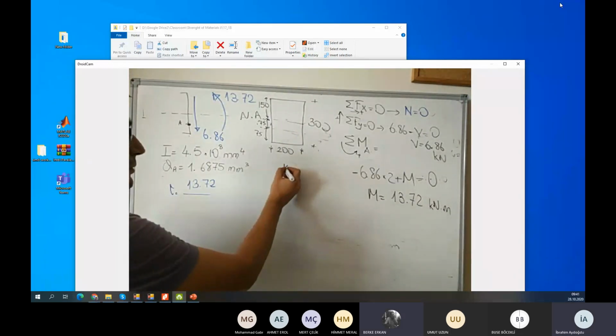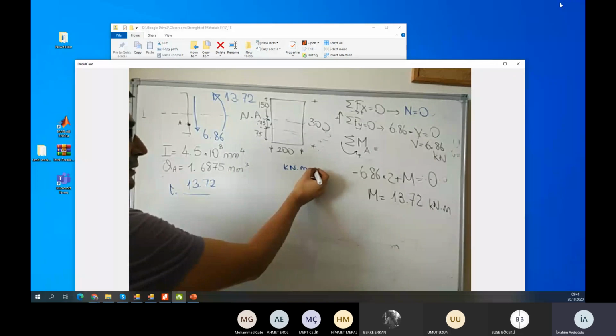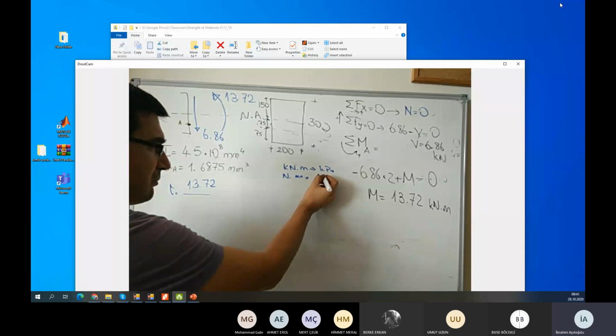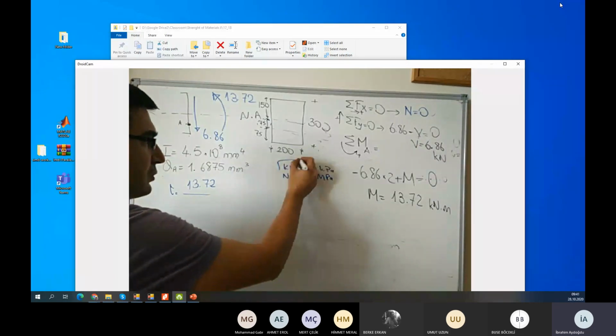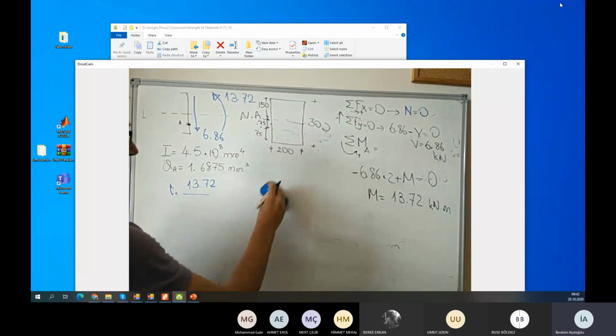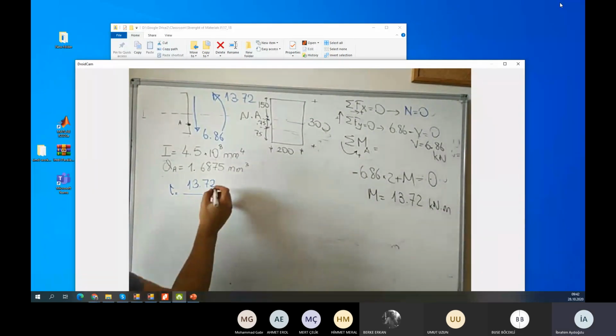Kilonewton meter means kilopascal. The second one, Newton millimeter, is megapascal. So you choose kilopascal.